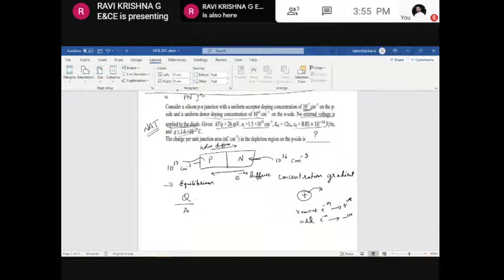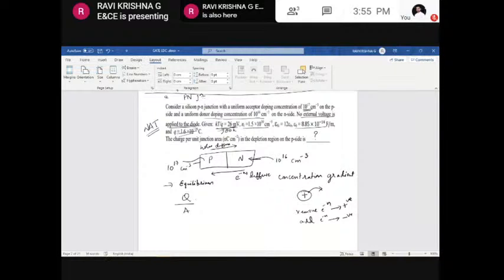The same thing happens in the N-type semiconductor region. The electrons move from this region to this region, because the donor doping level is very near the conduction band. Usually the temperature is 300 Kelvin; only for 300 Kelvin will we get 26 millivolts.